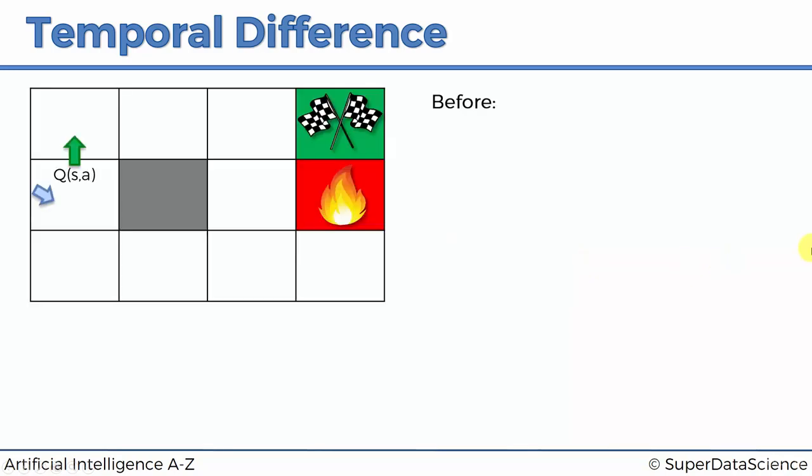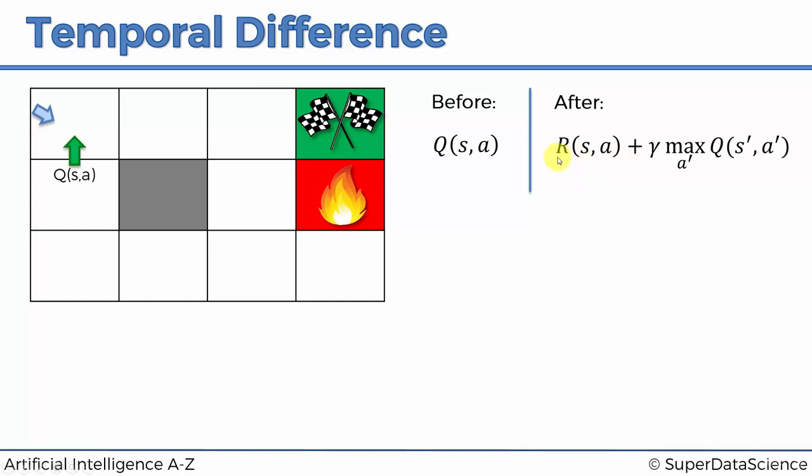So once again, before, we knew a Q(S, A) value, something that we've calculated through our iterations previously, a value that's stored in our memory, just like a number that we know. And now after the action's been performed, we know what reward the agent actually got, and we can calculate this new value. So in essence, we're recalculating this value, but now with new information.